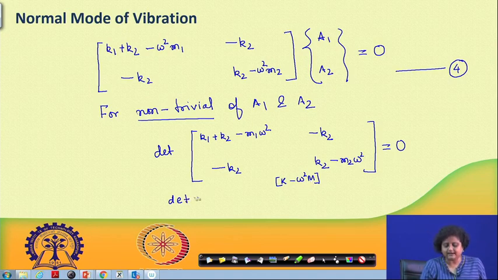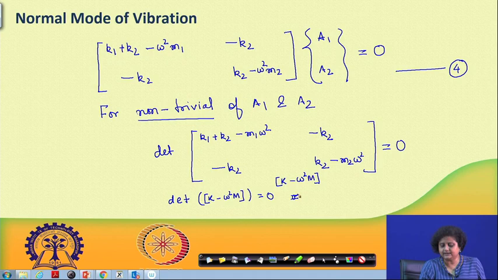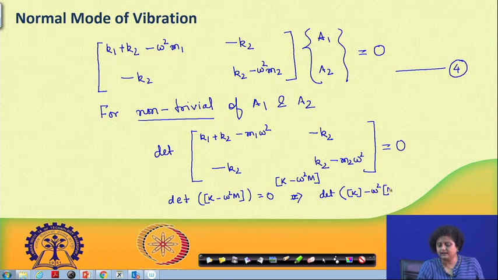So, this can also be written as determinant of k minus omega square m equal to 0, right.